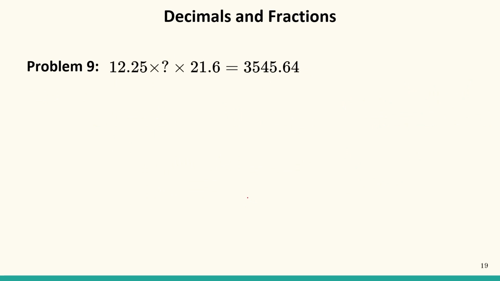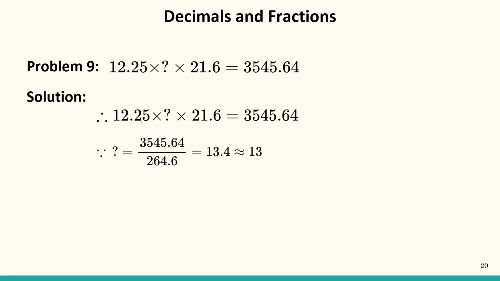So let's jump into problem number 9. Problem number 9 asks us 12.25 multiplied by what, which is again multiplied by 21.6, is equal to 3545.64. Let's replace this question mark with x. So 12.25 into x into 21.6 is equal to 3545.64.